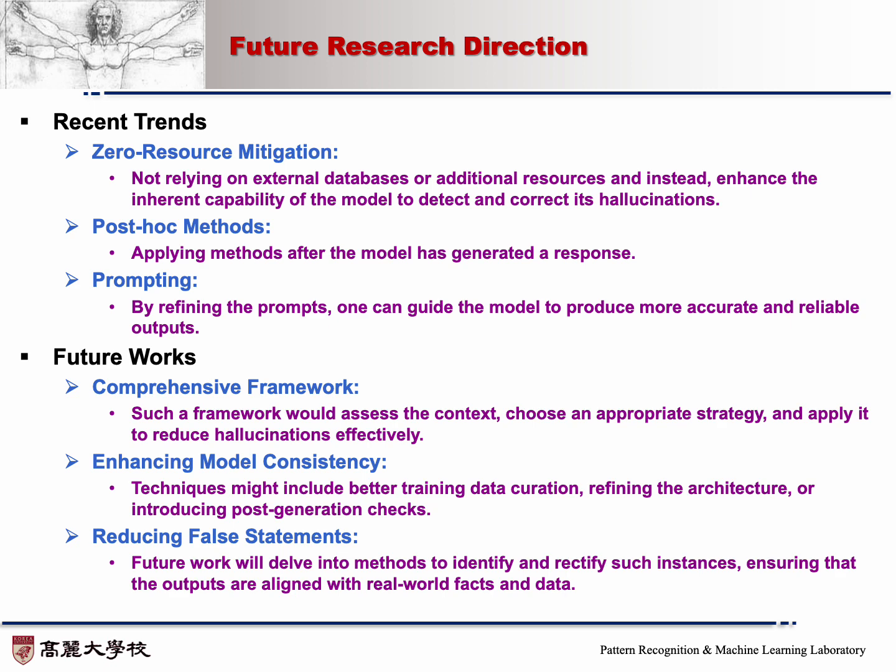And then I will emphasize consistency, where the emphasis here is on refining every aspect of the model, from curating a richer training data set and tweaking its architecture, to even introducing checks after content generation. And this multi-pronged approach aims to make the model's outputs more consistent and dependable.